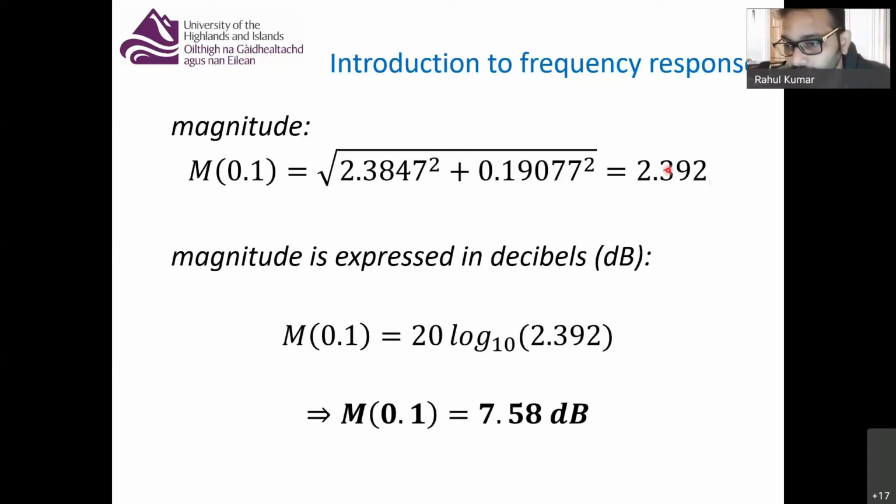So we have to convert it into decibel, because magnitude is generally expressed in decibels. For that, we simply take the log of this number and multiply it by 20. So 20 log base 10 of 2.392 comes out to be 7.58 decibels. Okay.